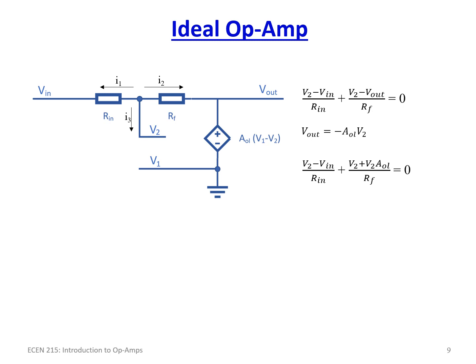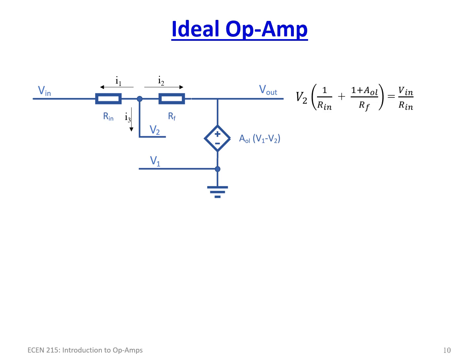Move the constant over, which is just Vn over Rn, so that the left side of the equation is everything in terms of V2, and the right-hand side is the constant that we can pull out of this. Then we can factor out V2 and simplify a little further.